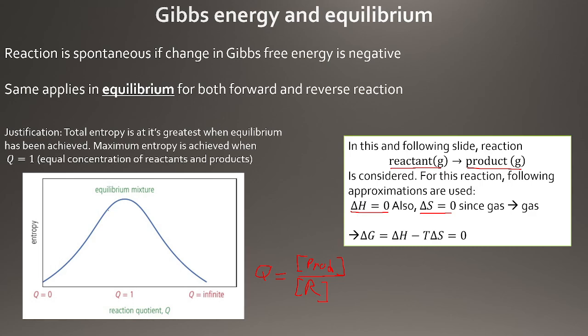So the entropy is at its largest at that moment, when the Q is 1 in our fancy imaginary reaction. And if we keep on going so that we get more and more products, the reactant gets smaller, the product gets greater, and the Q increases. So the entropy is at its greatest when we have reactants and products in the mixture.